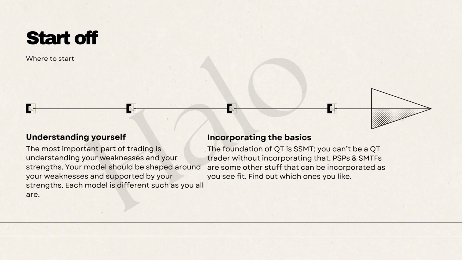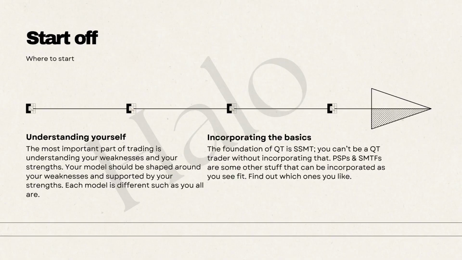So make a model that incorporates your weaknesses by cocooning them, right? Keeping them isolated and not letting anything in your control affect the way you trade, right? That's a very, very important thing.